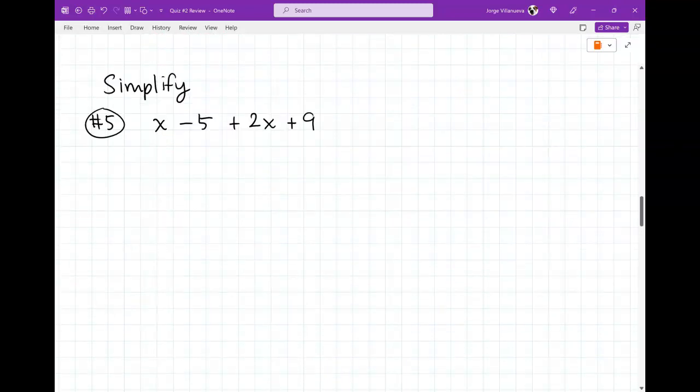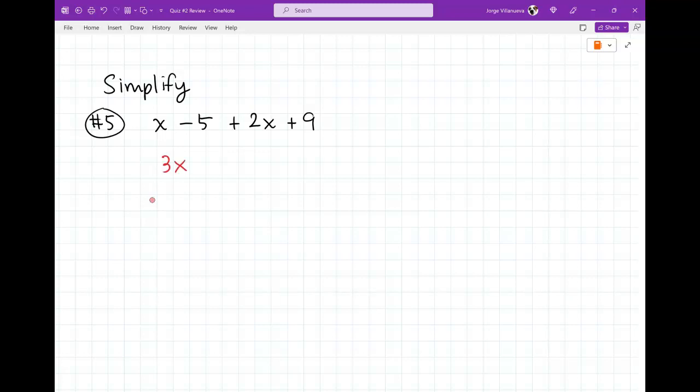All right, so now we're going to go ahead and simplify this one, question number 5. We have x minus 5 plus 2x plus 9. So this is combining like terms, okay? I'm going to get my variables first. X plus 2x, that's going to give me 3x.